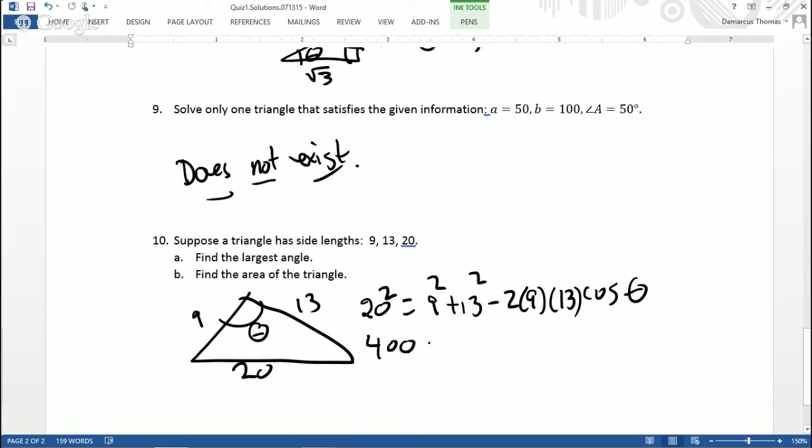So 400 is equal to 81 plus 169 minus 18 times 13 times the cosine of theta. If I keep computing this, 81 plus 169 is 250, so I get 400 is equal to 250 minus 234 cosine theta.